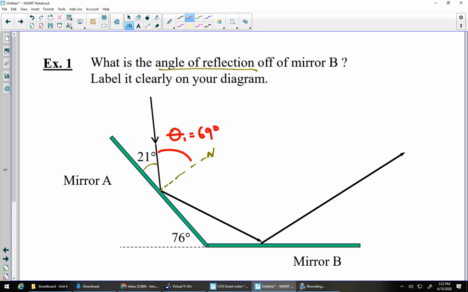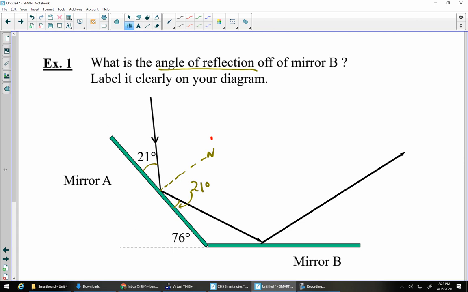Does that really matter too much to me? Not particularly, because if that angle is 69 degrees, my reflected angle is 69 degrees, and then this angle is also 21 degrees. Perfect. Okay, so technically not my incident or my reflected, but still 21 and still useful.